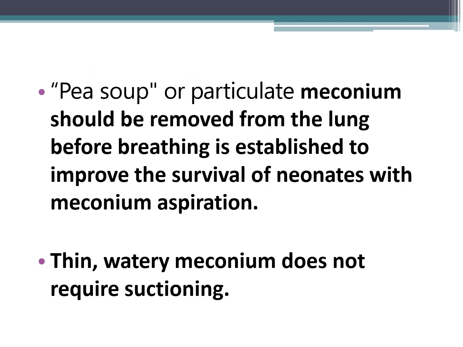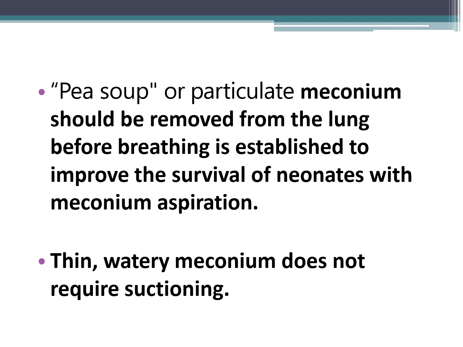Sometimes the pea soup particulate meconium can be there in the lungs, that we may not be able to remove from the lungs. So before breathing is getting established, you should remove these meconium contents from the lungs for the survival of the baby. If it is a thin watery meconium, it needs only the suctioning.